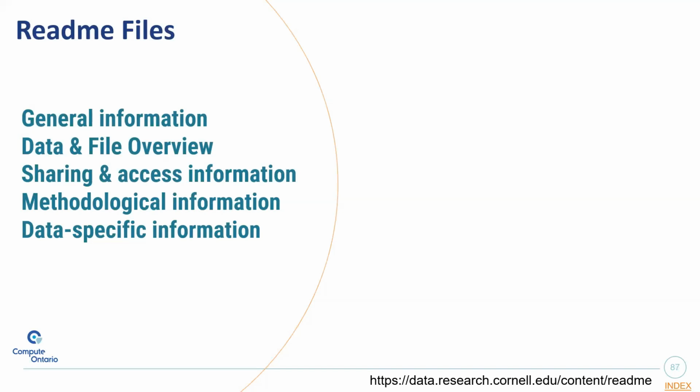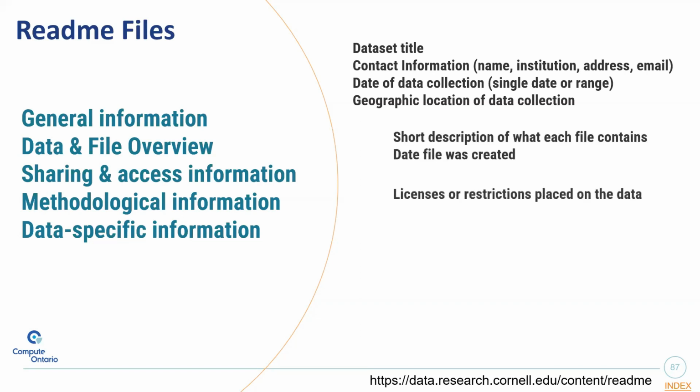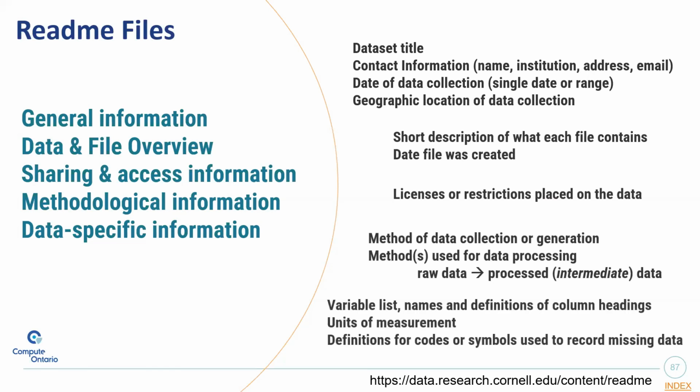So here are some highlights of this guide for each heading, and the guide provides much more. We won't take the time now to go through these in terrible detail, but certainly we've got things like dataset title, short description of what each file contains, licensing, methods of data collection, and so on, and a variable list containing names and definitions of column headings, and so on.